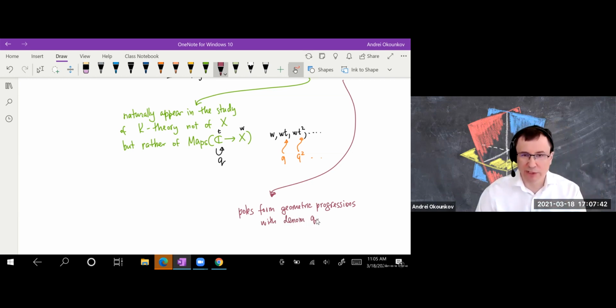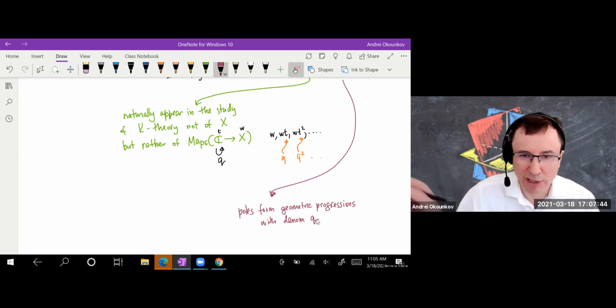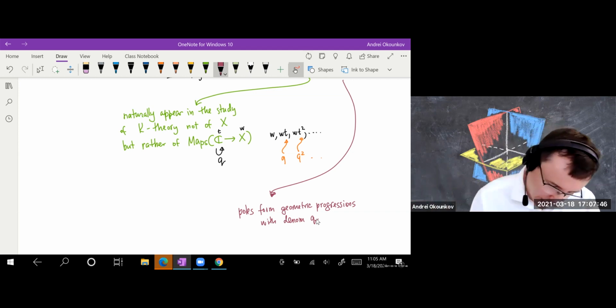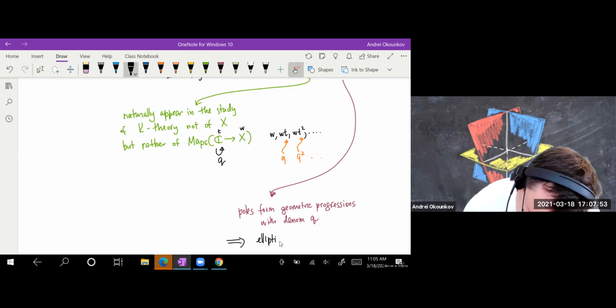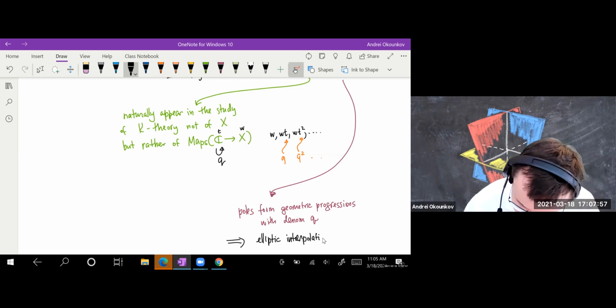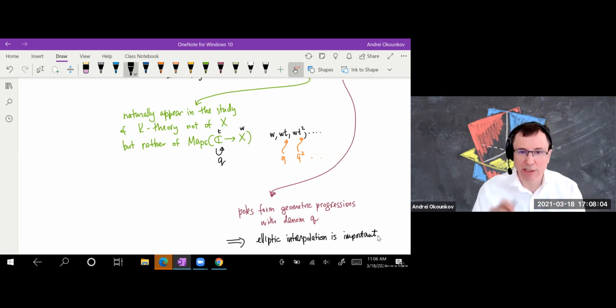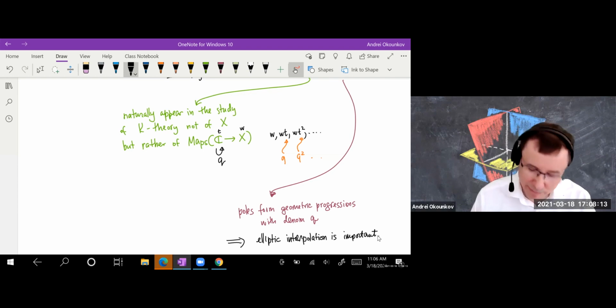So for every pole, since they all kind of repeat, there's the whole procession of these poles, and therefore, if you want to interpolate, elliptic interpolation is important for this kind of integral. Because we would like some function to take given values not at one point, but in a whole sequence of points that differ mod q, and it's then natural to take elliptic interpolation for that.